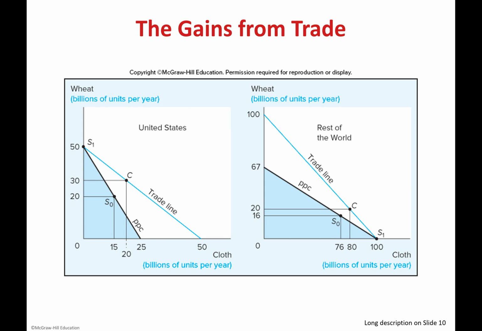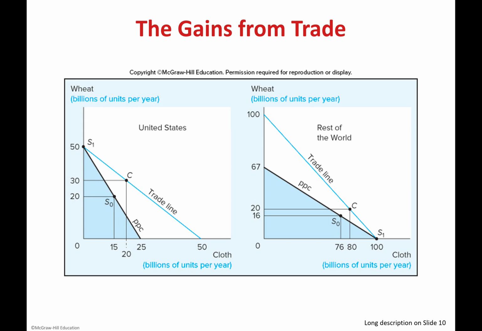So in the US, the opportunity cost is basically 2 units of wheat for 1 unit of cloth. In the rest of the world, it's 2/3 unit of wheat for 1 unit of cloth.